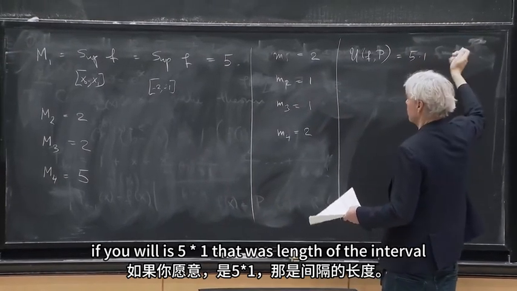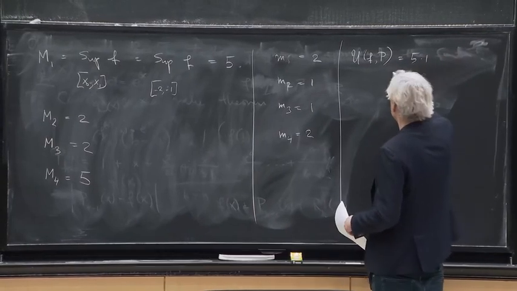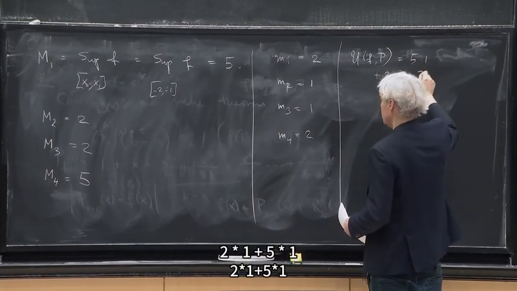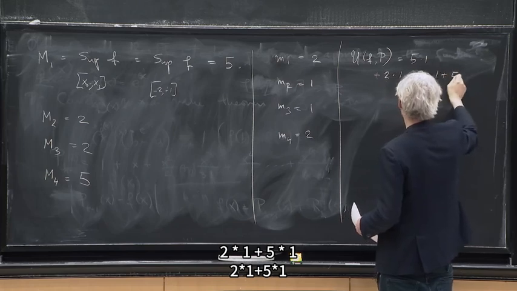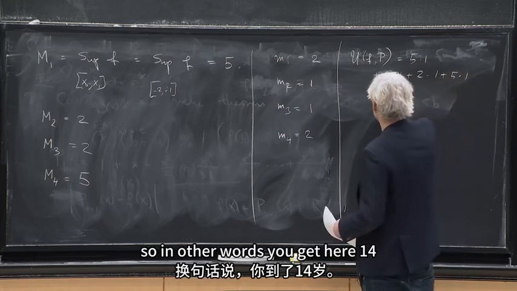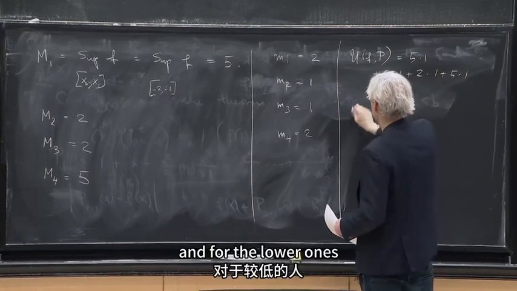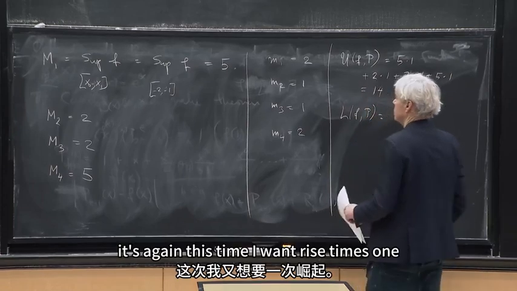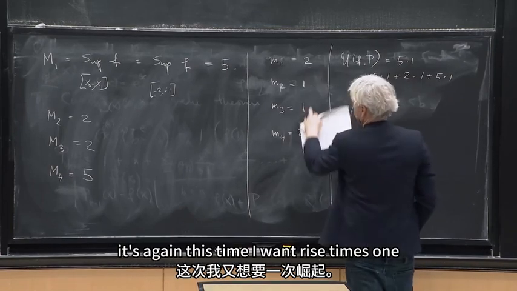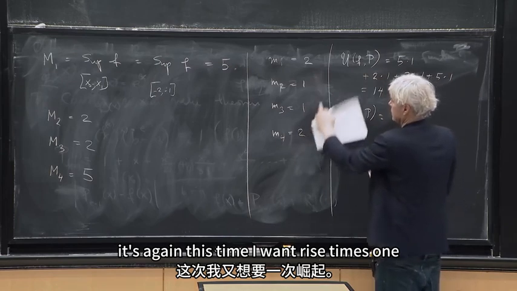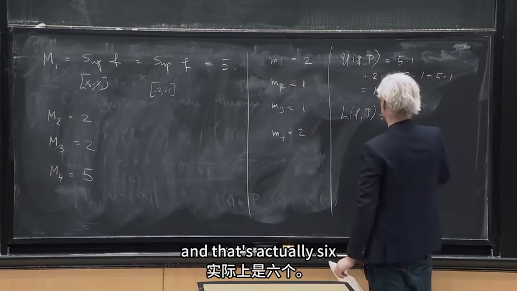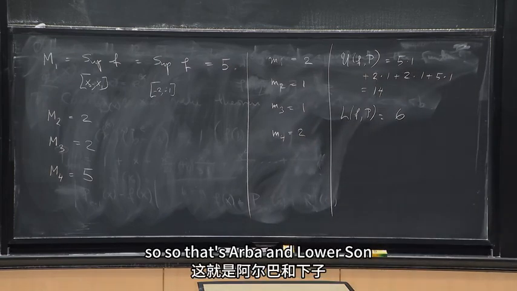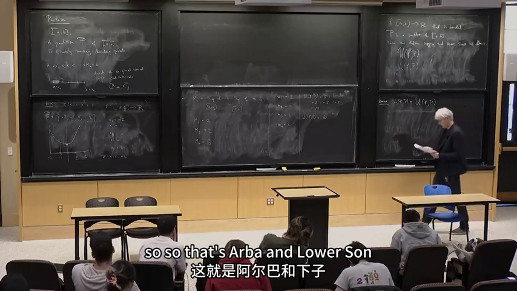It's 5 times 1, plus 2 times 1, plus 2 times 1, plus 5 times 1. So in other words, you get 14. And for the lower sum, again times 1, it's the sum of those, and that's actually 6. So that's the upper and lower sum.